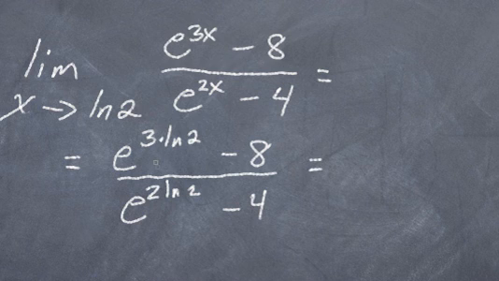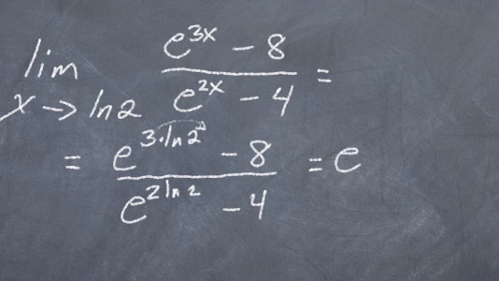Alright, the law of natural logs is you can take this coefficient here, this 3, and bring it out up here as the exponent up here in the 2. And so this becomes the natural log of 2 to the third power, and the natural log of 2 to the third power is the natural log of 8.